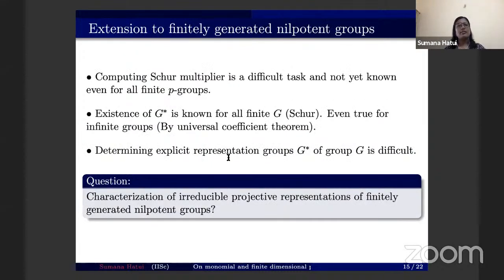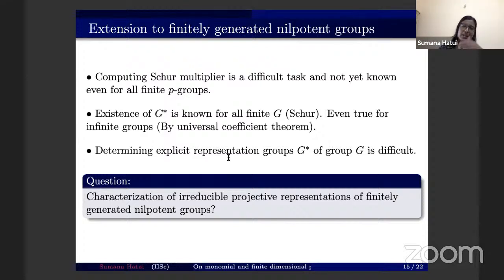Then we have tried to extend our problem to finitely generated nilpotent groups. So what can we say about finitely generated nilpotent groups? First of all, computing the Schur multiplier is a difficult task. If you know one group, then maybe you can compute, but for a large class of groups you cannot.